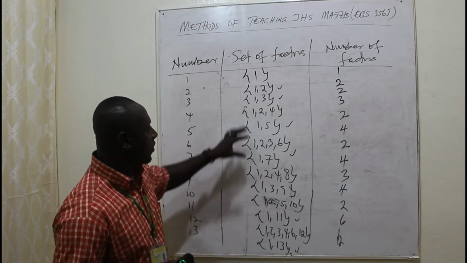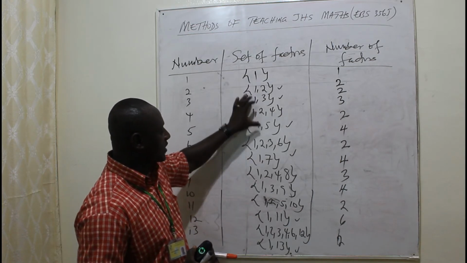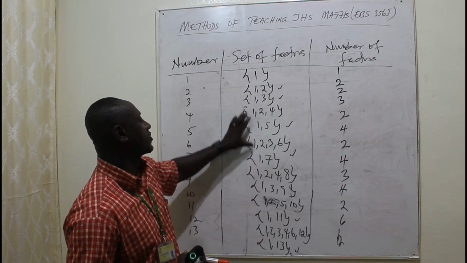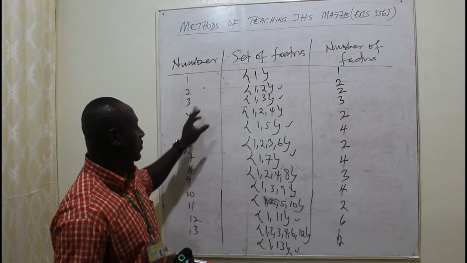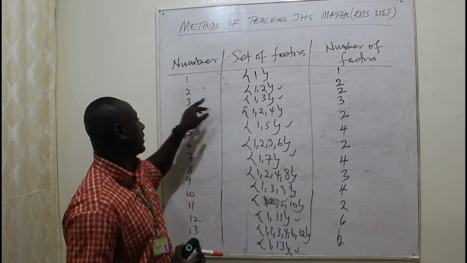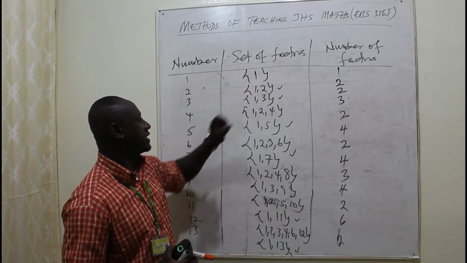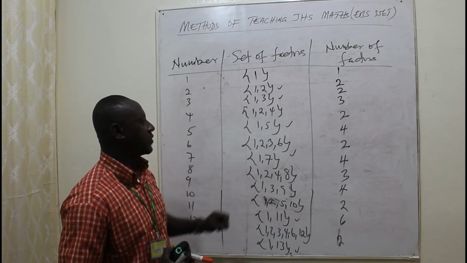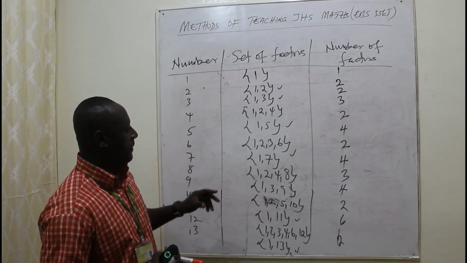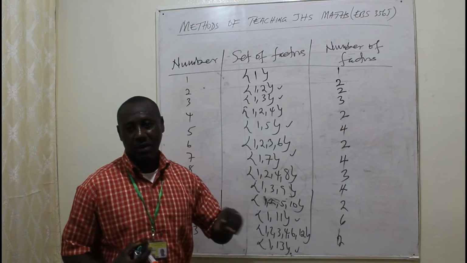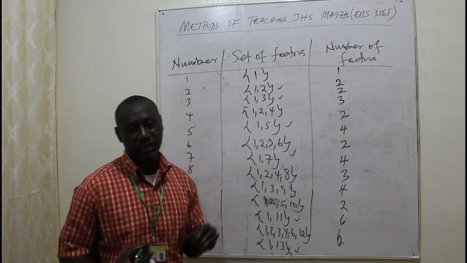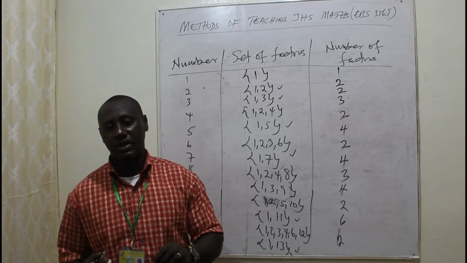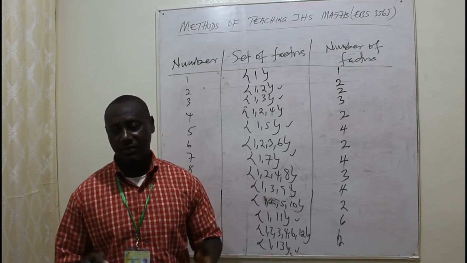You will notice that in all cases here, whenever we write the set of factors of the number, the number itself is included. If you look at 1, we have 1. For 2, we have 1, 2. The 2 is included. For 3, 1, 3, 3 is included, and so forth. But if you want to talk about proper factors, then we are going to write the factors of the number without including the number itself.